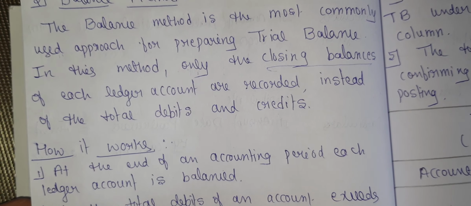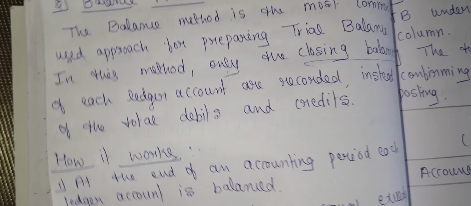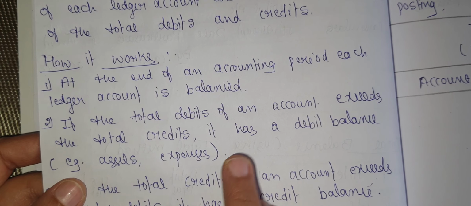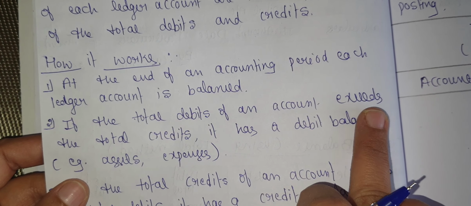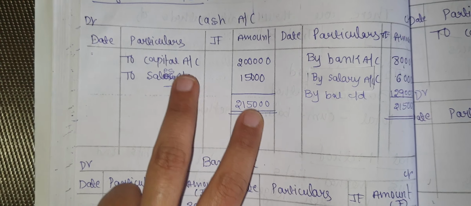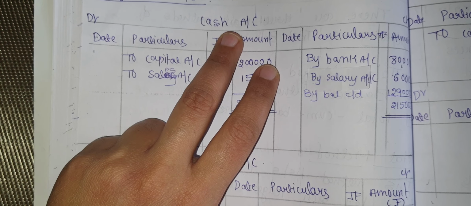See the next point here. If the total debits of an account exceed the total credits, it has a debit balance. Assets and expenses will come here. In this cash account, cash is an asset.